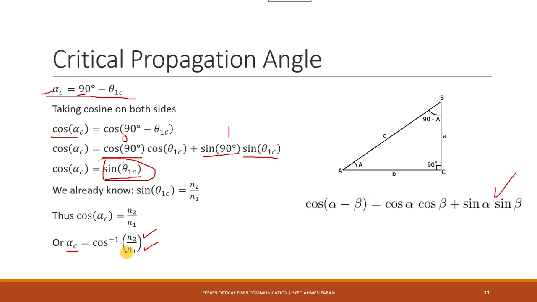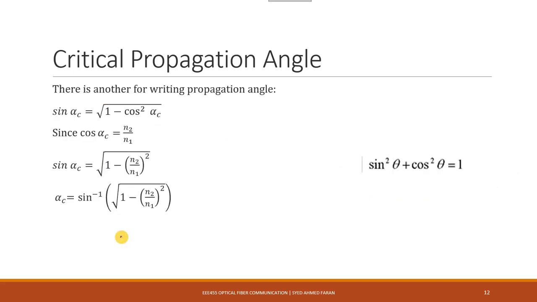And to have a better representation, since in the first formula for the critical incident angle we used sine, not cosine, we would try to express this function as sine instead of cosine. That is very easy to do because we have another identity which I'm sure you remember, that we can express sine with a cosine or cosine with a sine if we take one variable to the other side of the equation.